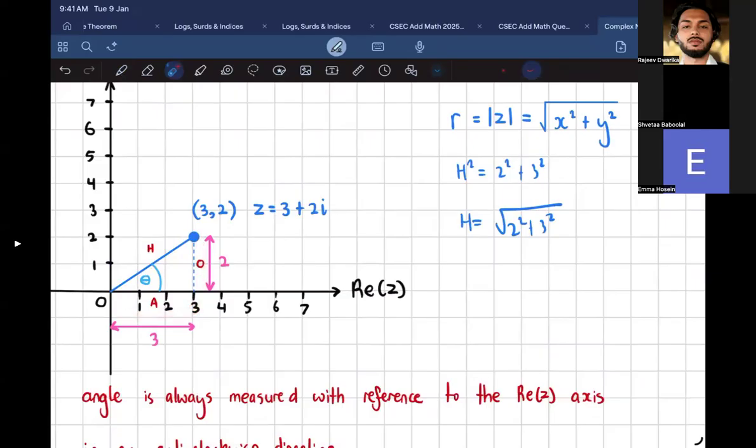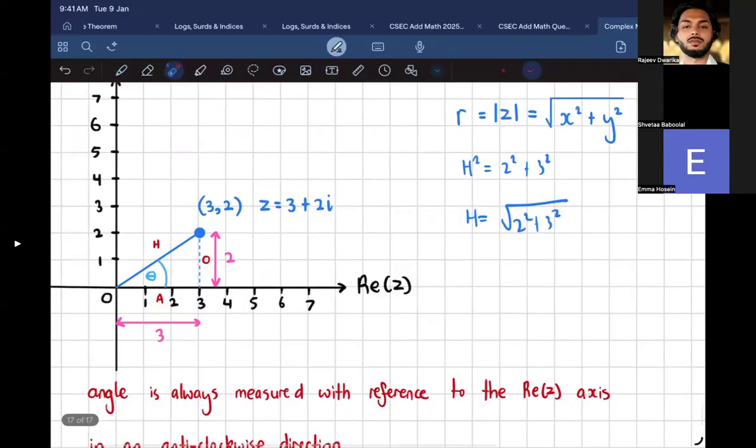So if I want to find this distance, it'll just be the square root of x squared plus y squared from Pythagoras. So this is the formula we just use. If I wanted to find h, I would say h squared is equal to 2 squared plus 3 squared, then find the square root to find h. And I could just say the square root of x squared plus y squared. So this is the general formula here.